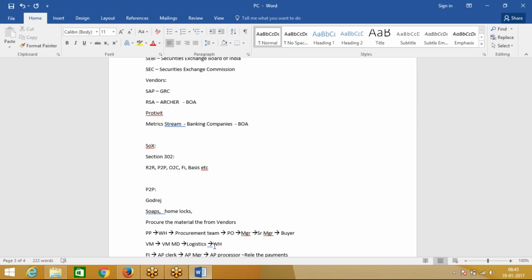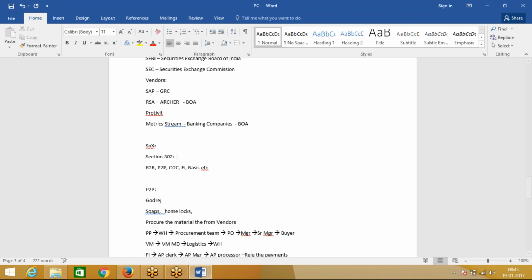Here, the logistics team, the procurement team, the finance team, the vendor management team, different teams are involved, and these teams are preparing this kind of flow. That means if you want to do something, you have to undergo this flow. If you want to procure something, you have to undergo this internal procedure.